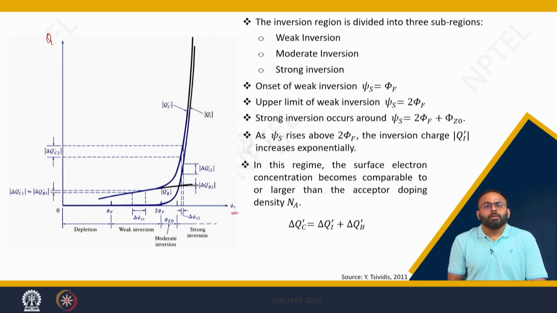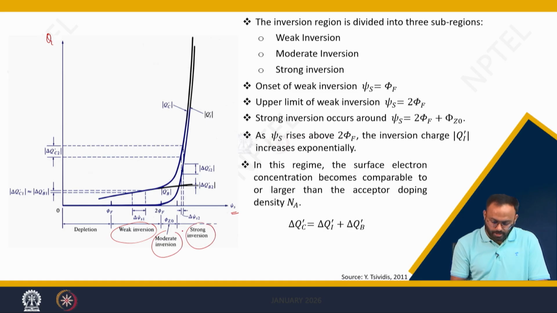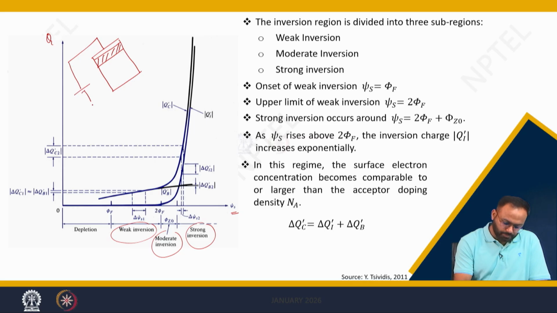Now, it is time to bifurcate the inversion region into different regions of operation, which can be considered as weak inversion, moderate inversion and strong inversion. What is that? Let us consider you have a two terminal MOS and you are increasing the gate to body voltage V_GB. The increase in gate to body voltage increases your surface potential.